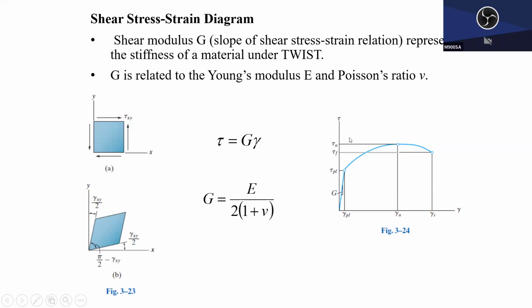The slope of this linear part of the curve is called the shear modulus G. Shear strain is the angle change, shear stress is the twisting stress, and in between is G, the shear modulus. And there is a relationship between shear modulus and Young's modulus E. Young's modulus is the stiffness measured from the stretch test. Good. This is Poisson's ratio.